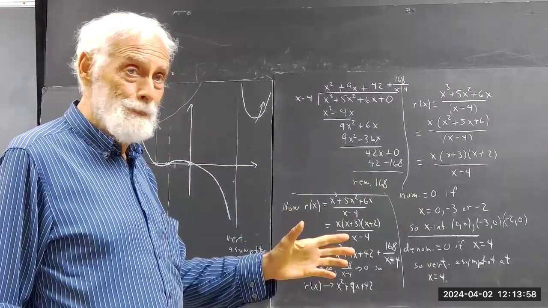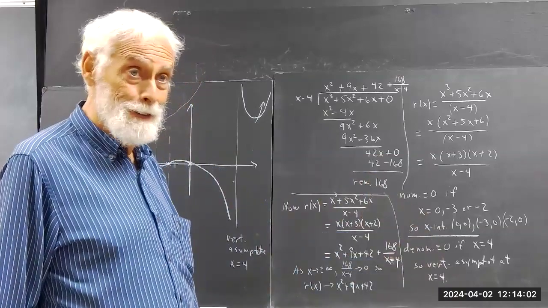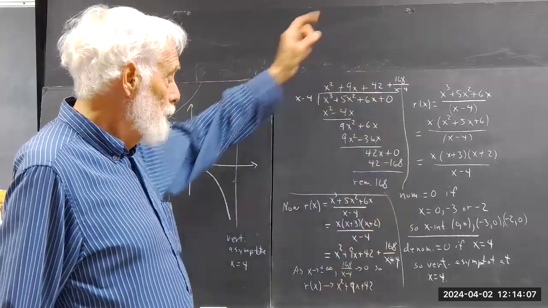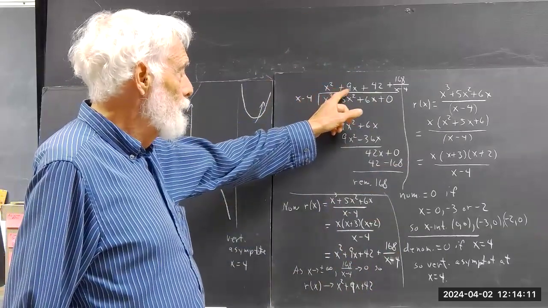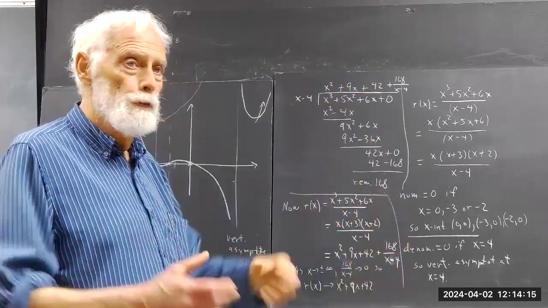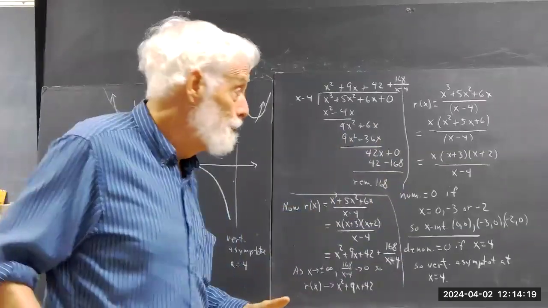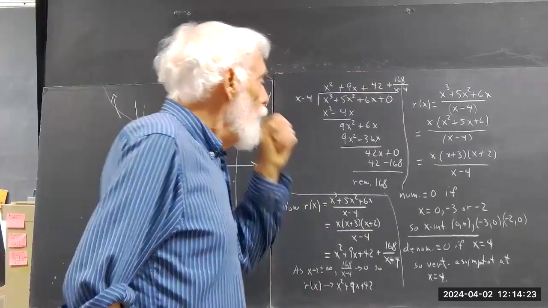But the reason is, and I think there's no reason not to talk about this, at least in a couple of examples, we've been through long division. We divide this denominator into this numerator, and we end up with x squared plus 9x plus 42, which is a perfectly good, beautiful quadratic function that we can easily graph, plus 168 over x minus 4.